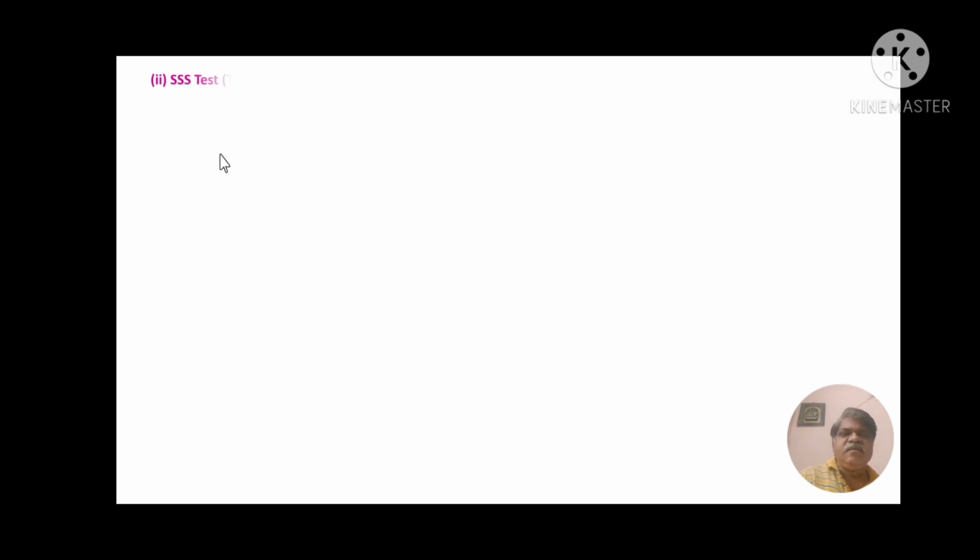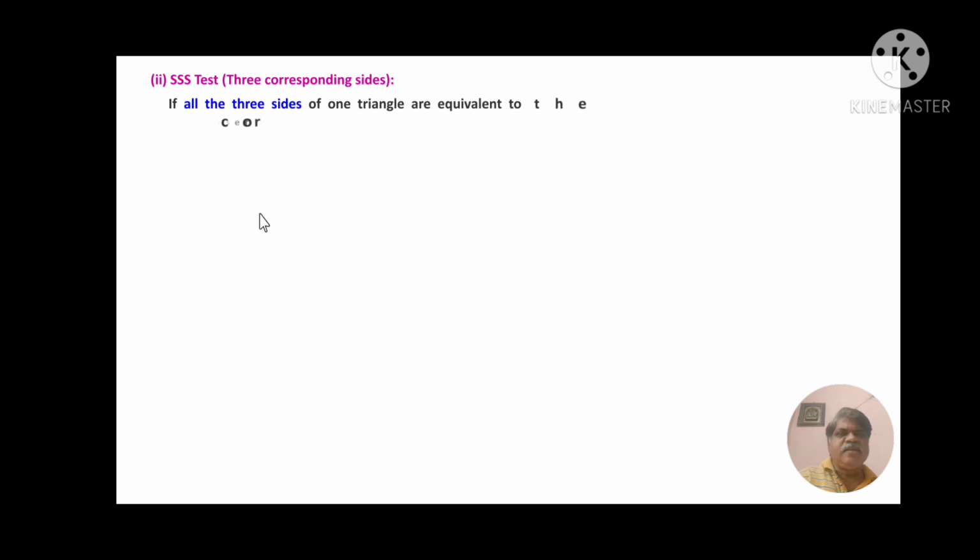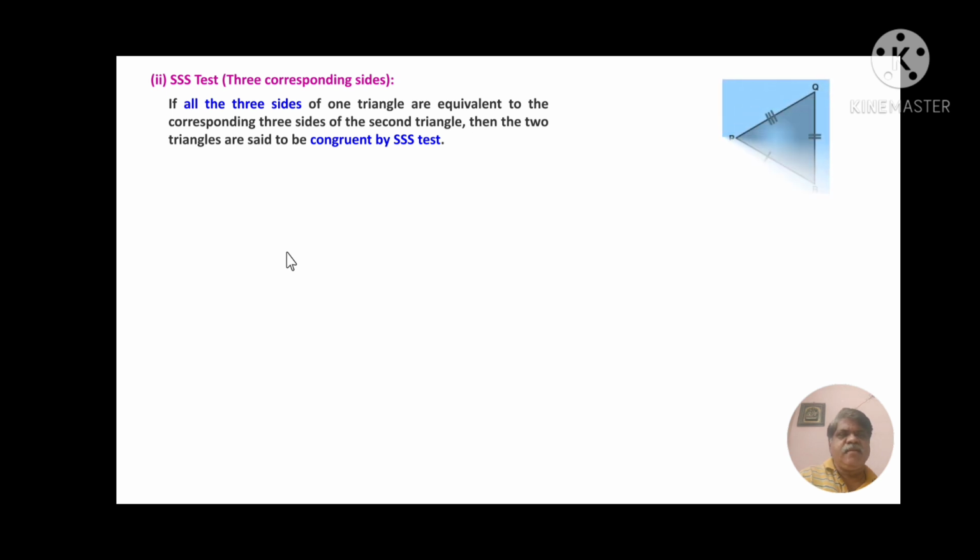Now let us see the SSS test, that is three corresponding sides, the side test. If all three sides of one triangle are equivalent or congruent to the corresponding three sides of the second triangle, then the two triangles are said to be congruent by SSS test. In the adjoining figure, you can see two triangles ABC and PQR.